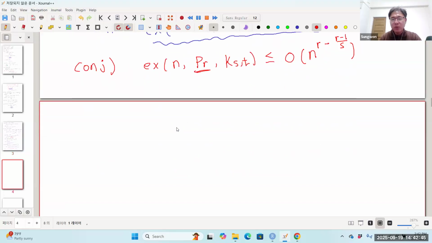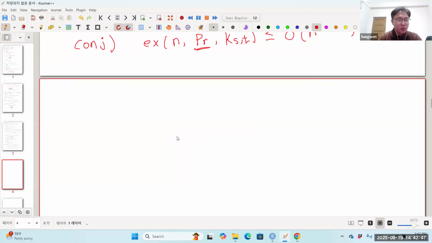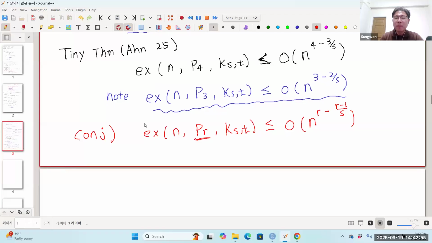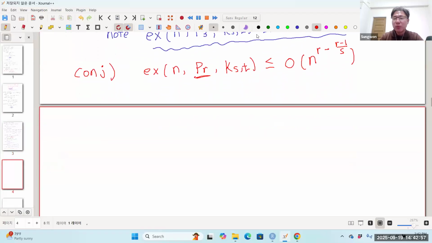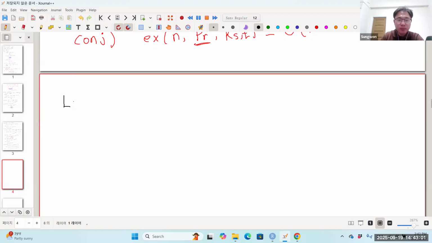I was just skimming through it. I have only less than 20 minutes. So there are two lemmas to prove this. So here's lemma 1. Suppose G is K_S,T free.